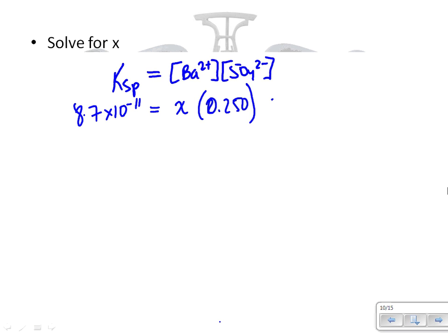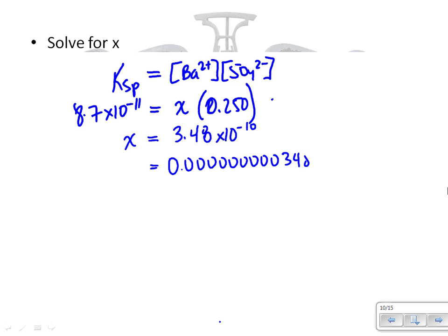So now all I have to do is divide by 0.250, and I get that X is 3.48 times 10 to the negative 10, which is pretty small.